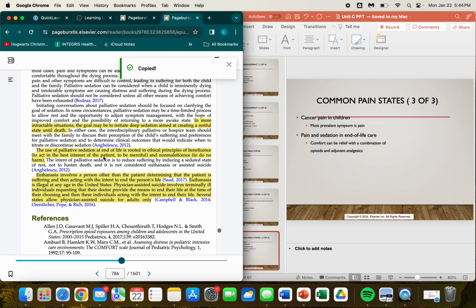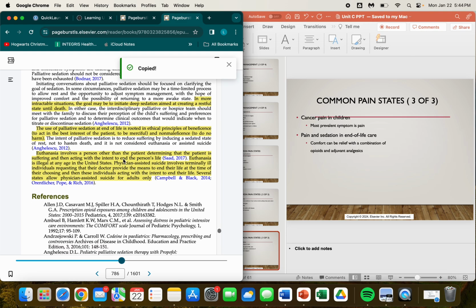That would be where we give enough medication to sedate the child so they're comfortable at the end of their life. This is not considered euthanasia. Your book says the use of palliative sedation at end of life is rooted in the ethical principle of beneficence, just to be merciful, and non-maleficence, which would be to do no harm to that patient.